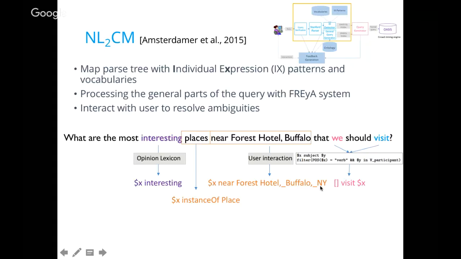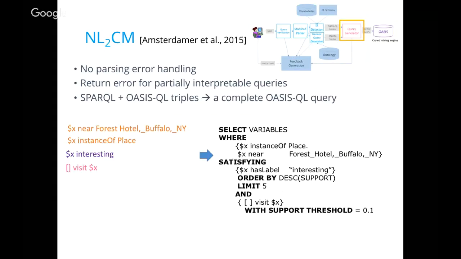If there is any ambiguity, it is also going to interact with the user to resolve it. For example, there could be multiple Buffalos, right? This result, Buffalo, New York, is what was generated after interacting with the user. In this system, there is no parsing error handling.